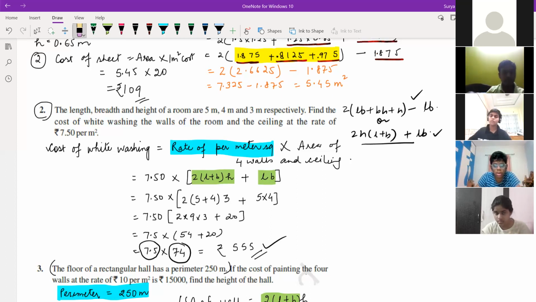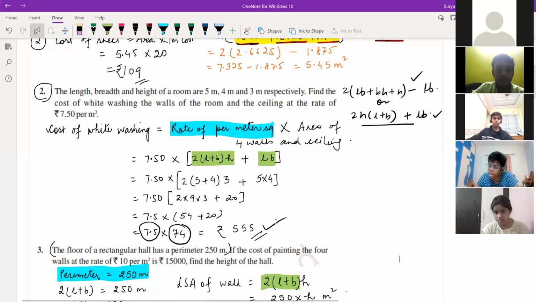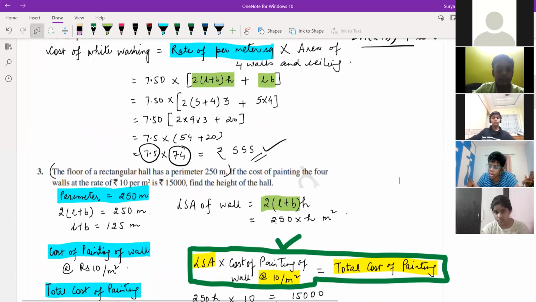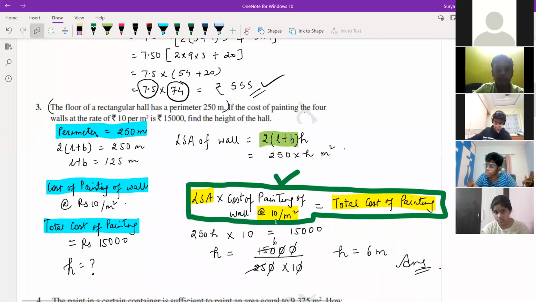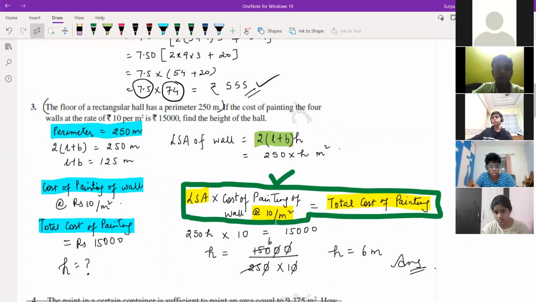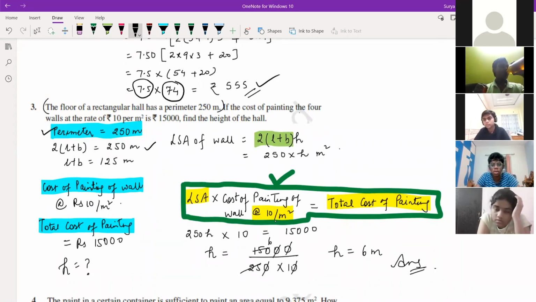Satvik, are you understanding the question? I'm trying. See, first you write the data, what is given here. The perimeter is given as 250 meters, so 2 into (L plus B) is equal to 250. So length plus breadth is equal to 125 meters.